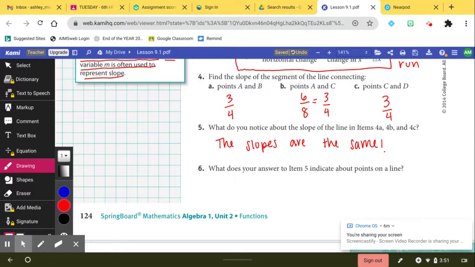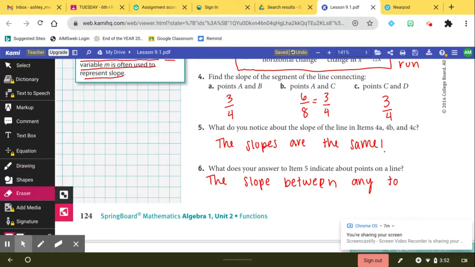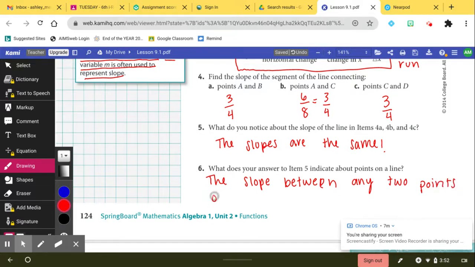So what does your answer in item 5 indicate about points on the line? Well, if I'm talking about points on the line, the slope between any 2 points on a line is always the same.